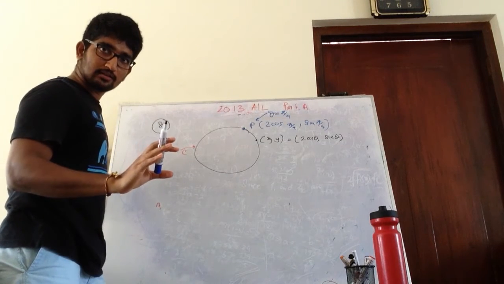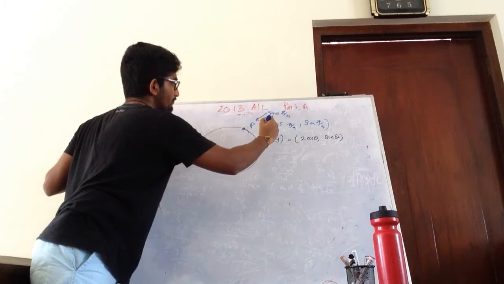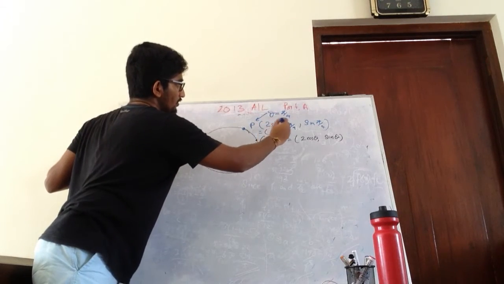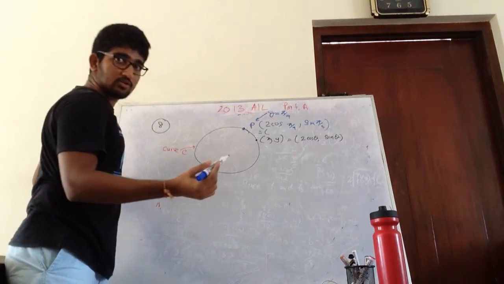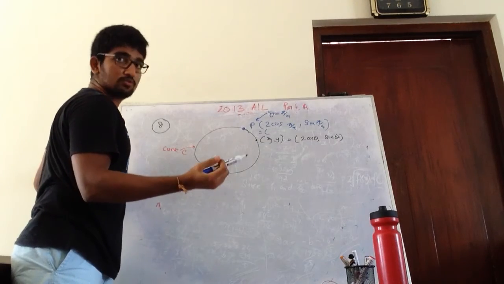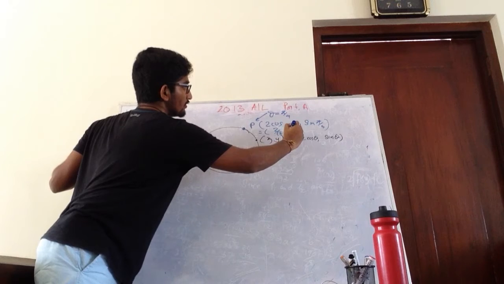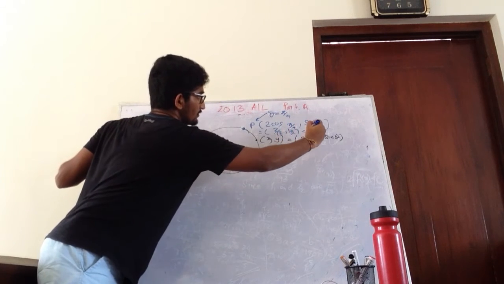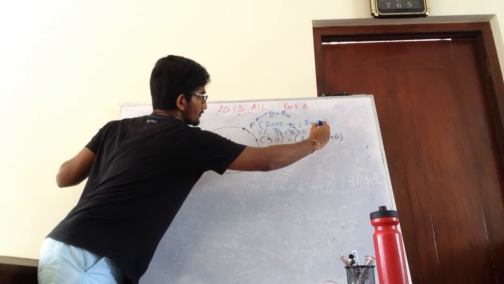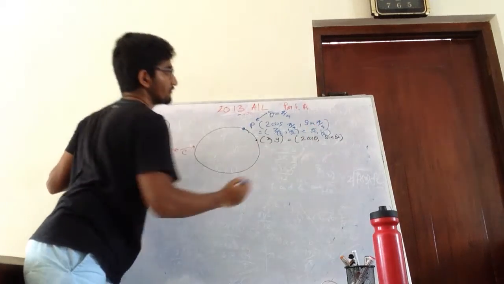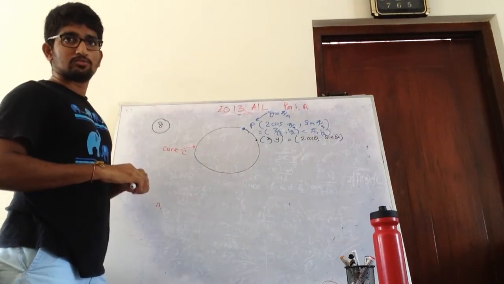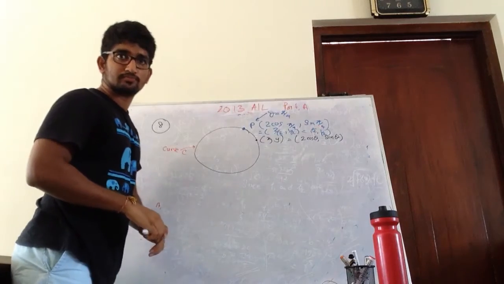So what is point P? Cos 5 pi over 4 is minus 1 over square root 2, so that means minus square root of 2, minus 1 over square root 2.